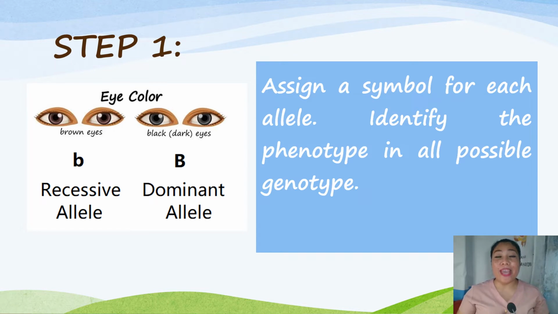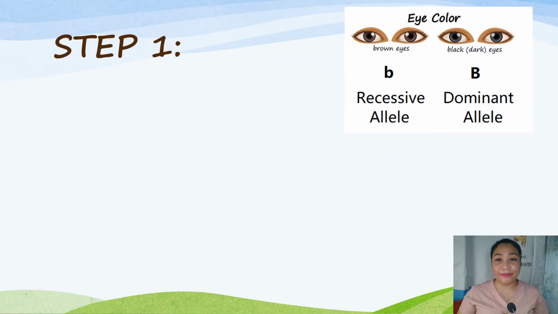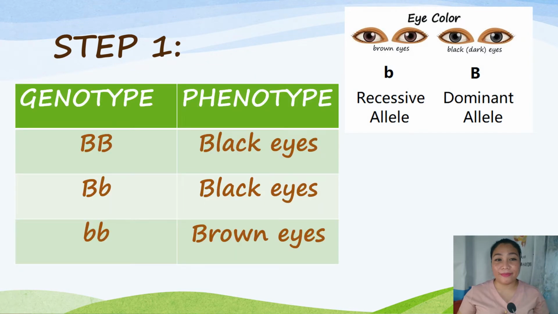Next, we have to identify the phenotype in all possible genotypes. The possible genotypes are homozygous black and homozygous brown.